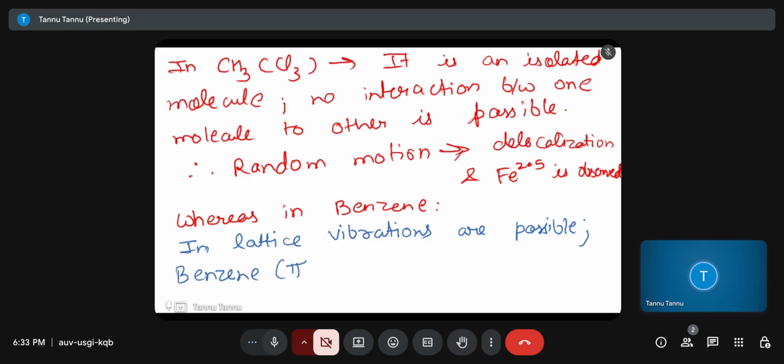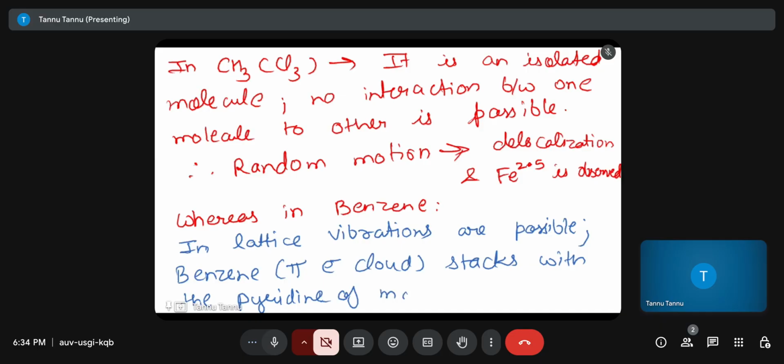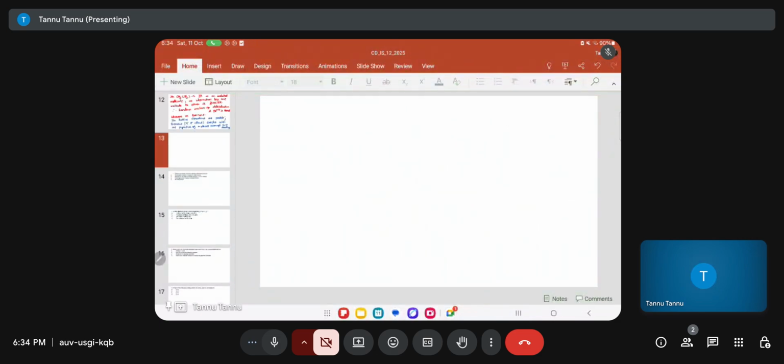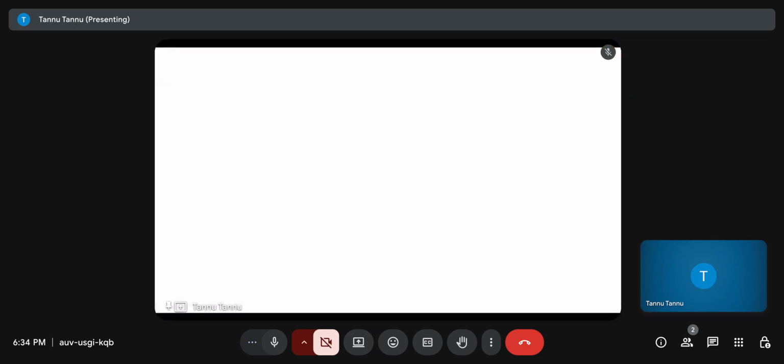Benzene has a pi electron cloud and it stacks with the pyridine of the complex through pi stacking. Hence, intermolecular interactions are possible.